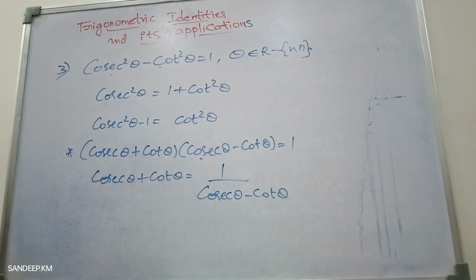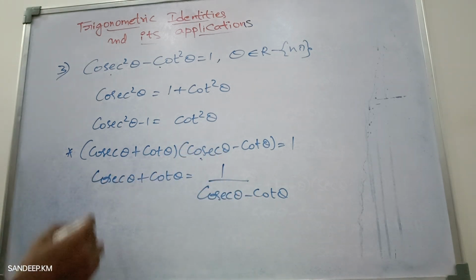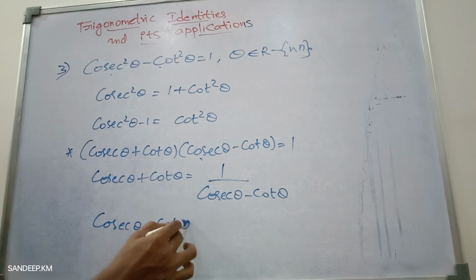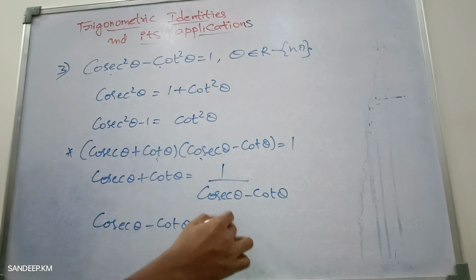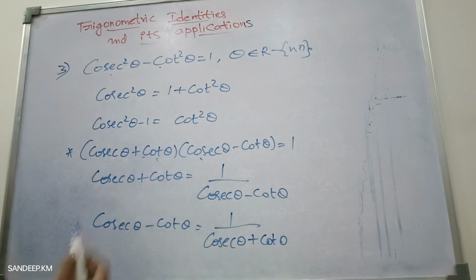So cosec theta plus cot theta can be written as 1 by cosec theta minus cot theta, and at the same time, cosec theta minus cot theta is equal to 1 by cosec theta plus cot theta. So these two are reciprocals of each other because the product of them is equal to 1.